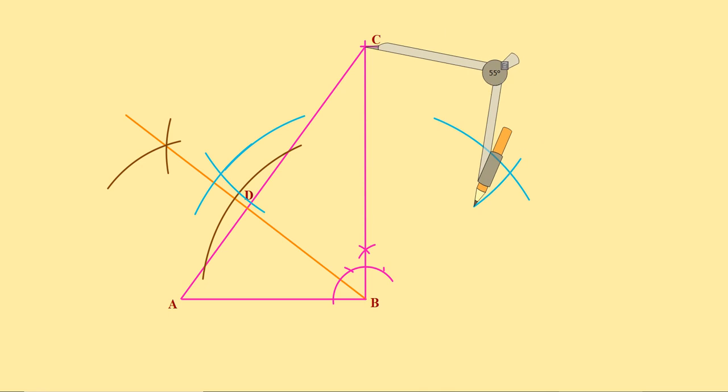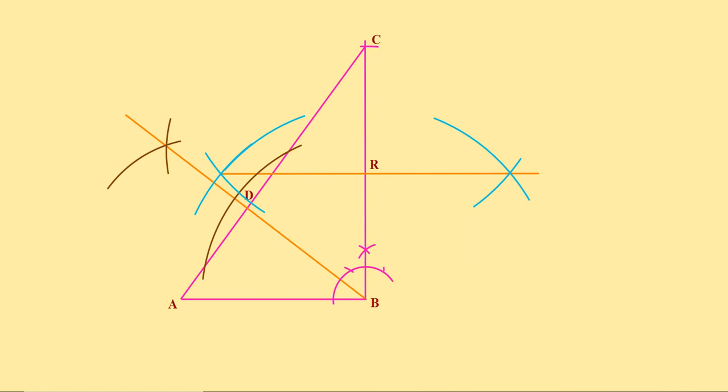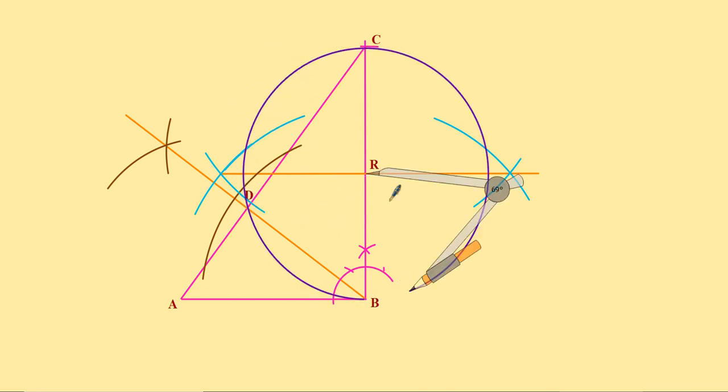Now join it. This intersecting point, let it be R. R is the midpoint of BC. Now with the center R, radius equal to RB, draw a circle. It will pass through B, C and D.